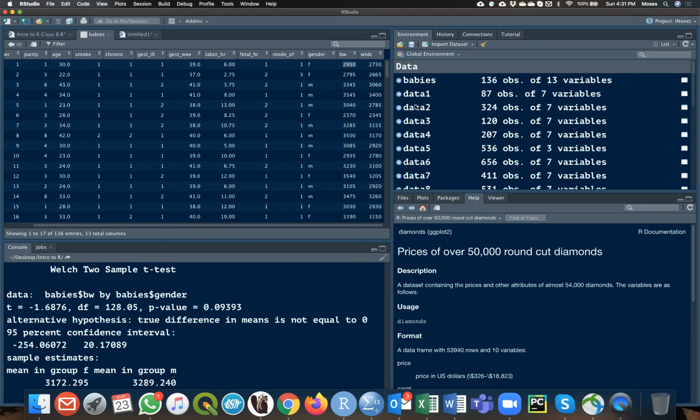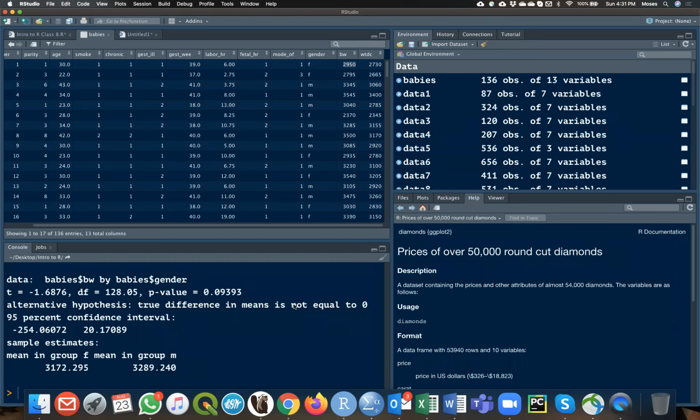So you compare the situation before and after, and see if it is statistically significant. Then you say, well, my intervention had an impact. If it's not, then it did not yield any impact.